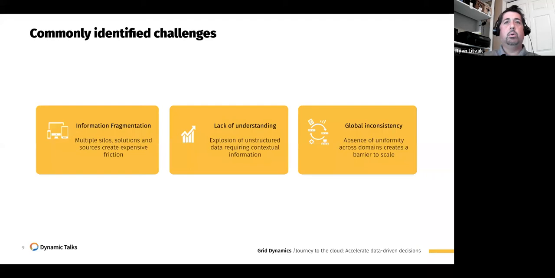So in the course of evaluating how we could move from our current state to a better future state, we've identified several common challenges across a number of domains. It's not just operations. We have these challenges interacting, whether it's with finance, supply chain, or other groups, is information fragmentation. So we have multiple silos, and within each silo, that group has created a locally optimal solution for their use cases.